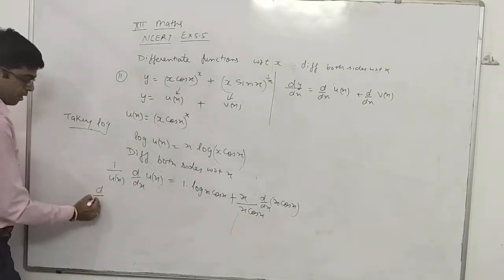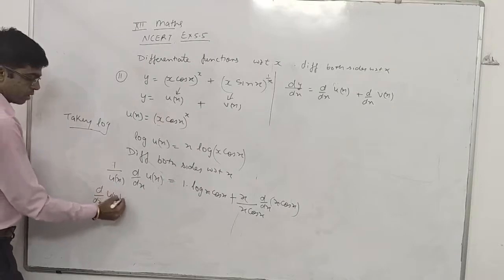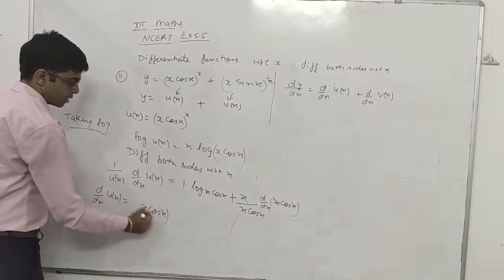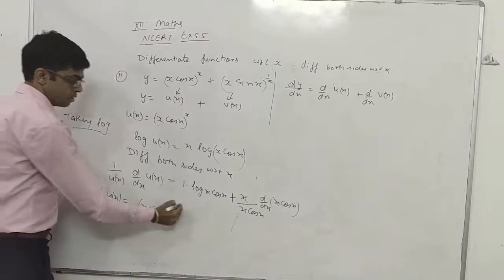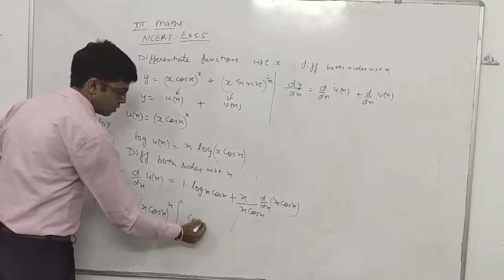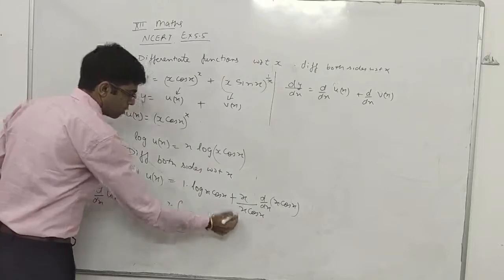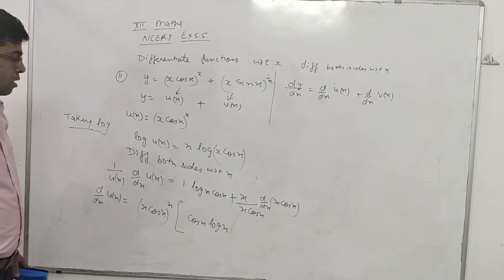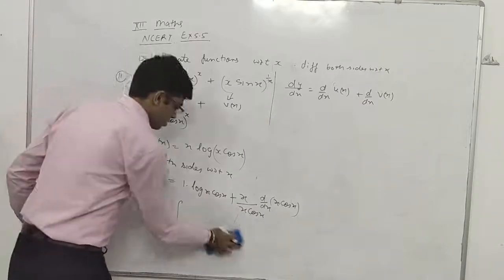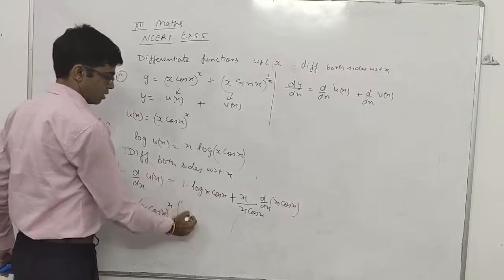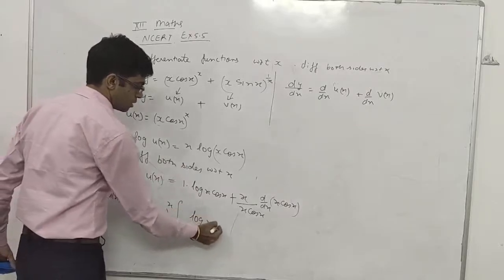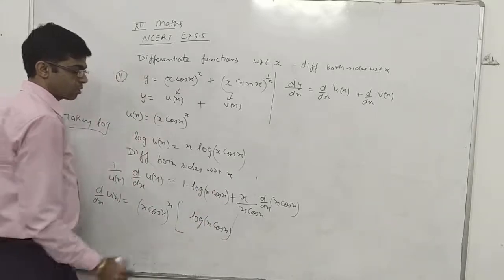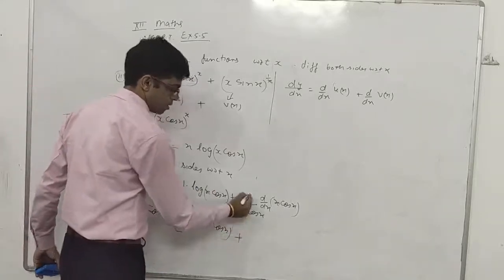So dy by dx of u(x) is, u(x) will go and multiply: u(x) is (x cos x) raised to the power x, into log (x cos x) plus 1.